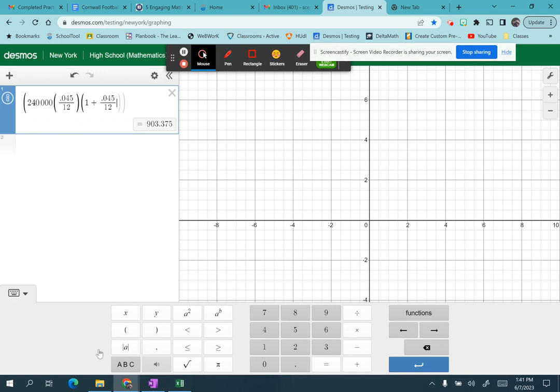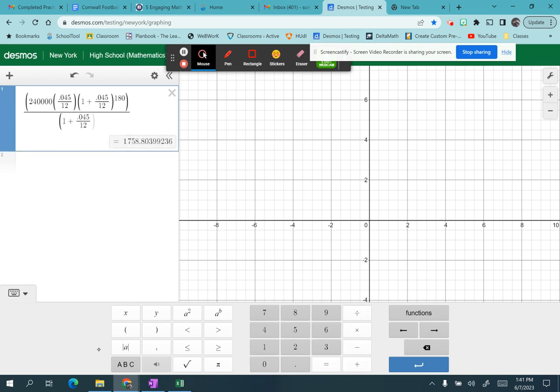We'll end that parenthesis, and we'll raise that to the 180. If we then end that parenthesis and hit division, you'll make a big fraction. And then we can make our next parenthesis, which is 1 plus 0.045 over 12 again. And we'll raise that to the 180th power. And then we will subtract 1. It's just typing it in. So we get choice 3.